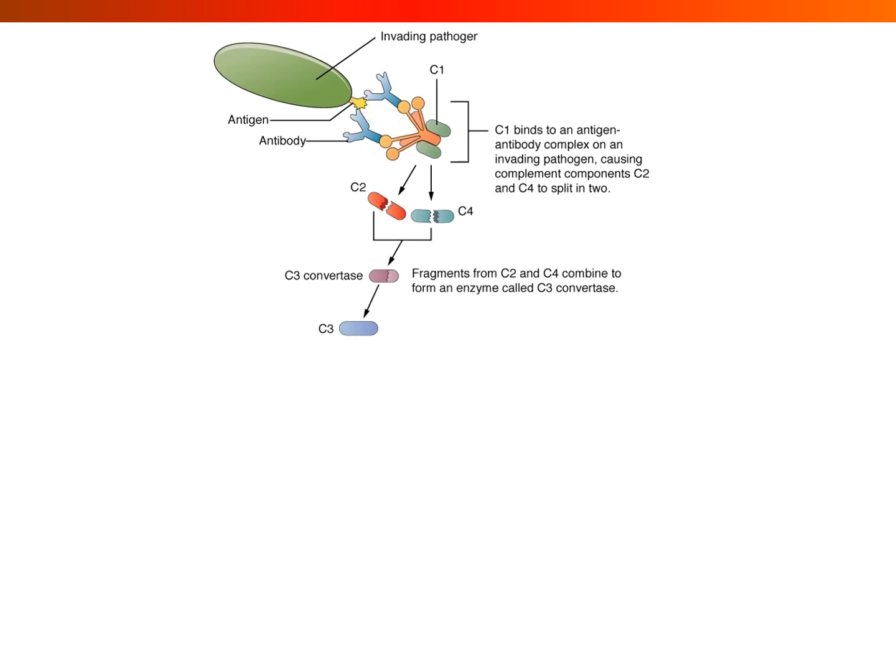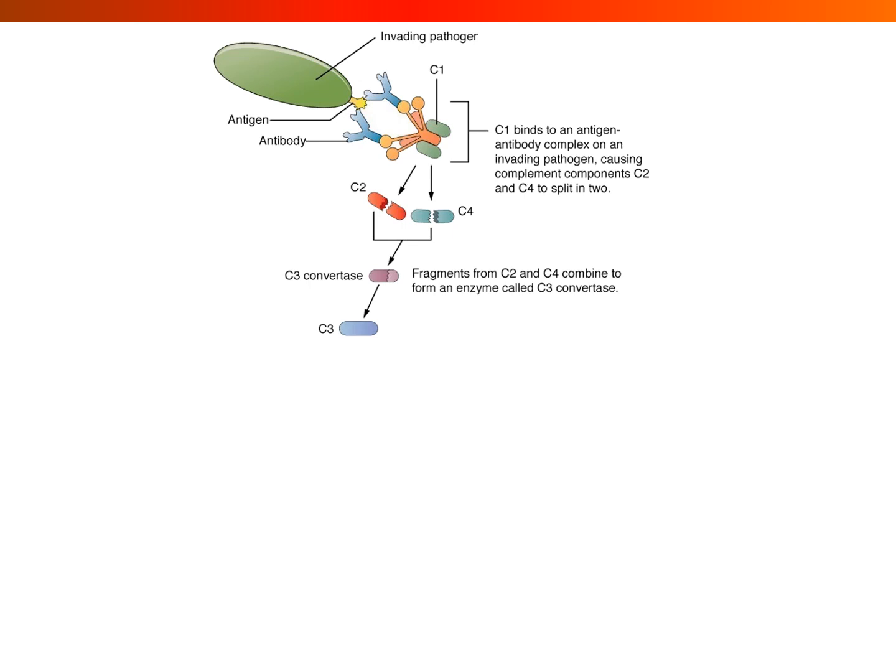Now, C3 was important a moment ago because whether we start with the classical pathway or the alternative pathway, they both very quickly end up right here. So we're showing you the classical pathway, but if we had started off with the alternative pathway, this point would be identical. From this point on, it doesn't matter how we started the process, it's going to be the same.